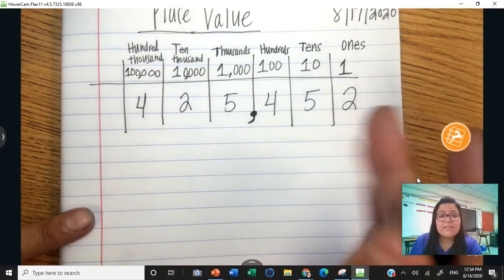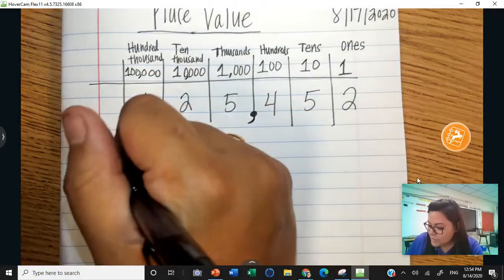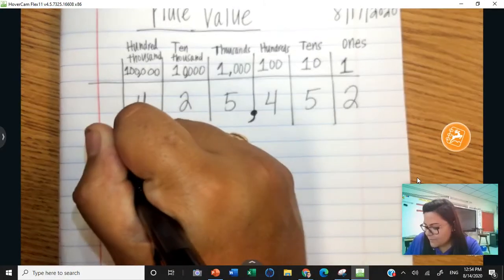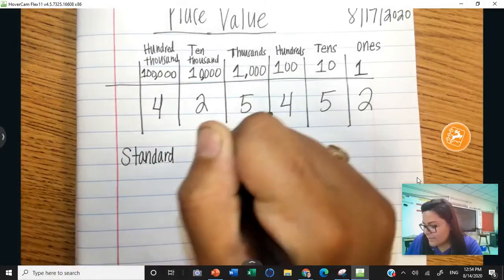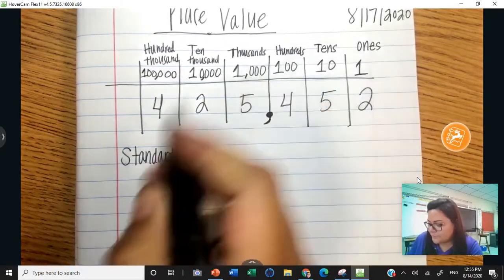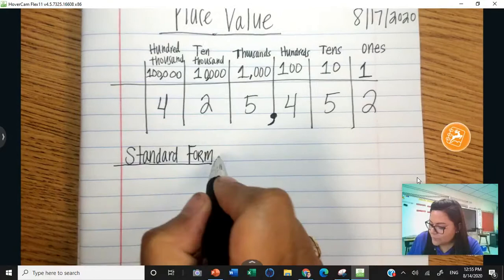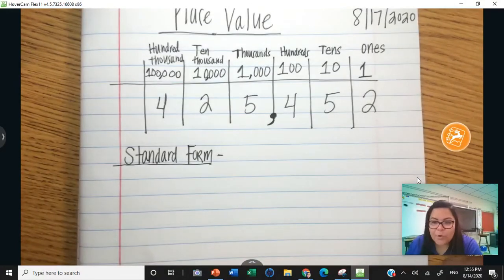Let's write it down, because this is our math diary and we need to write down all of our notes here. So the very first thing I'm going to do is write down my vocabulary: standard form, and I'm going to underline it. Standard form is just a fancy word for a number.